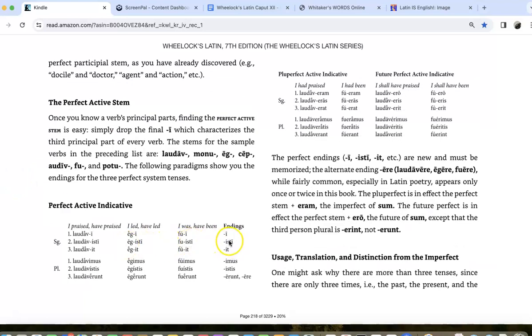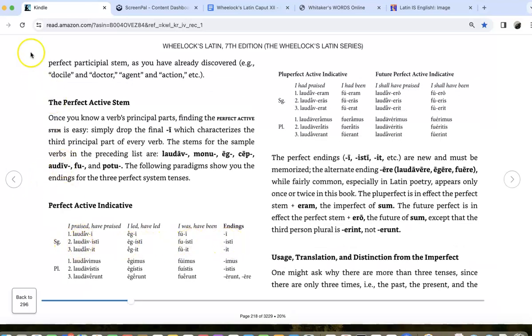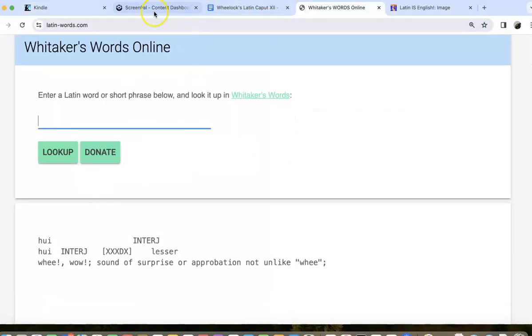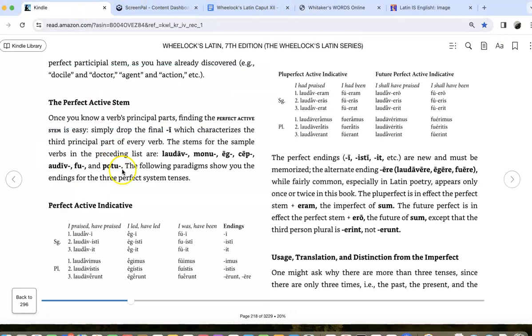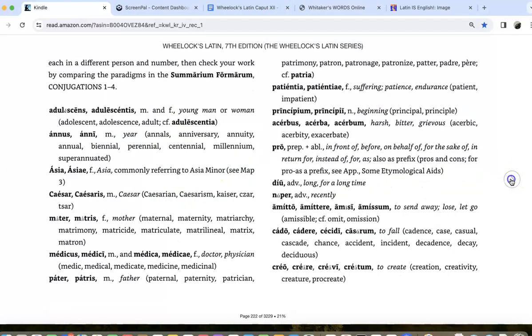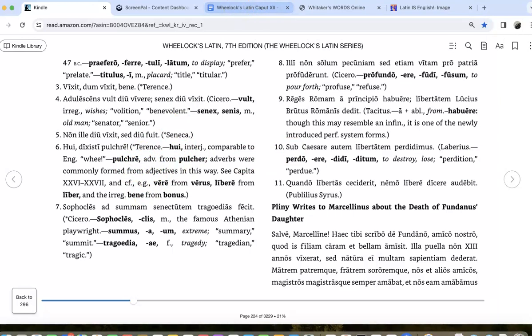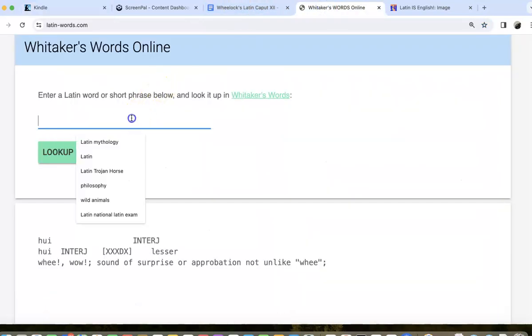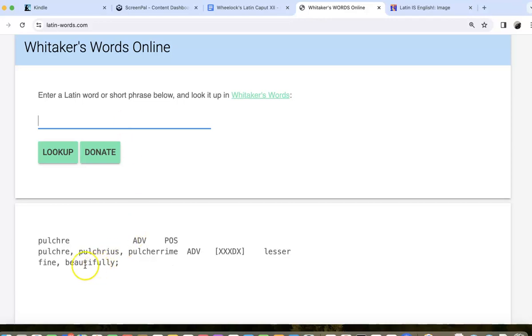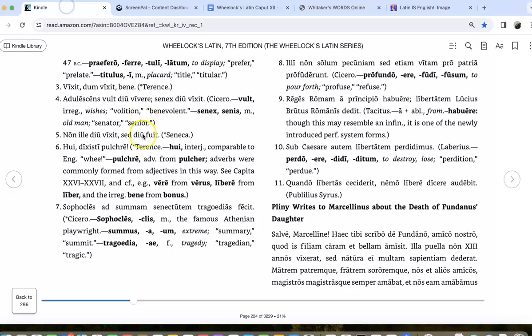So there's our isti, which is our second person singular. So while you spoke, and then if we look at the rest of the sentence, pulchre is an adverb, which means beautifully. In this context, it doesn't give us a translation, but so we may have to increase our confidence, take a look at that. And so beautifully, so in other words, those words were well said and well spoken.